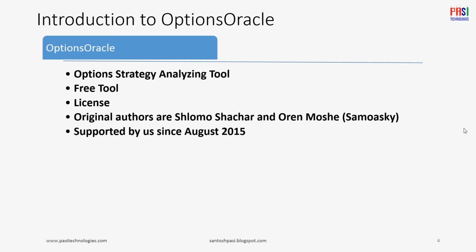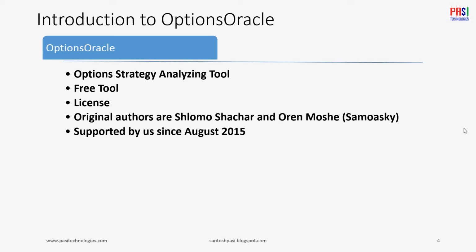The authors of this tool were two Israeli guys, Shlomo Shasher and Orion Moshe. These two engineers wrote this application around 2008, so it's been in the industry for around 9 years now.